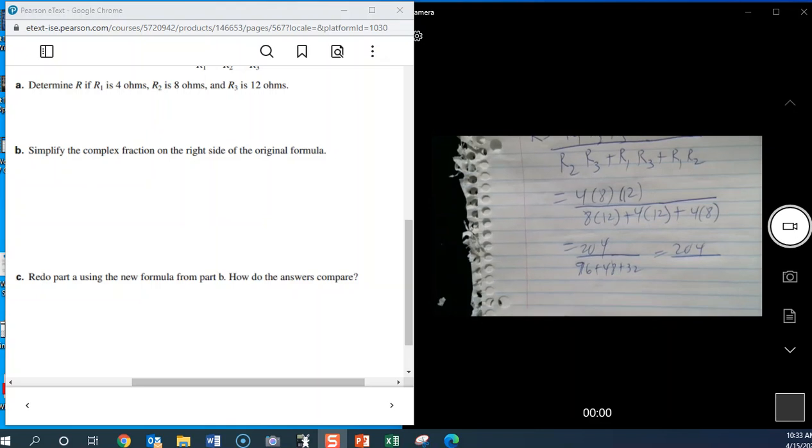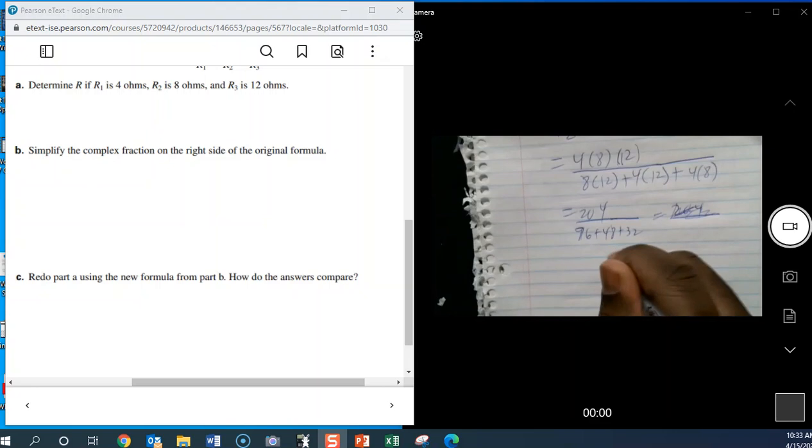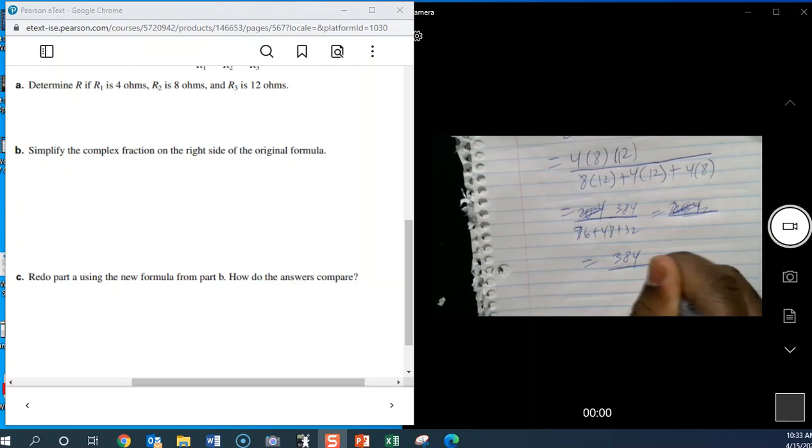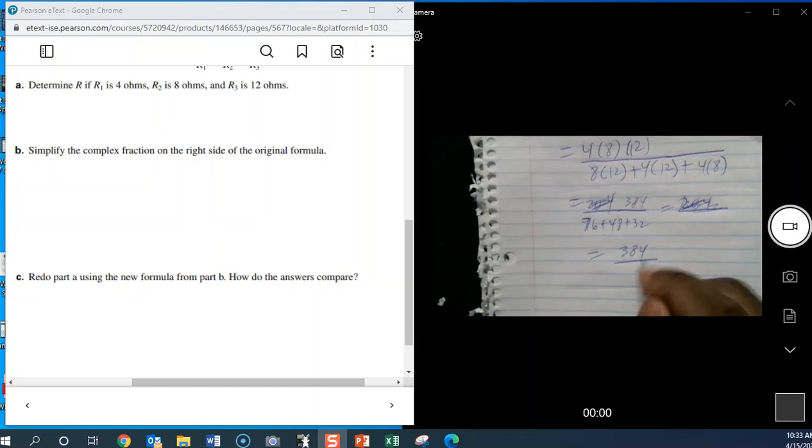Okay, class, I made a little error here. Your numerator for this fraction is actually supposed to be 384, not 204. And then your denominator here is supposed to be 176. So when you put this in your calculator, it will give you 2.18 ohms. Well, approximately 2.18 ohms.